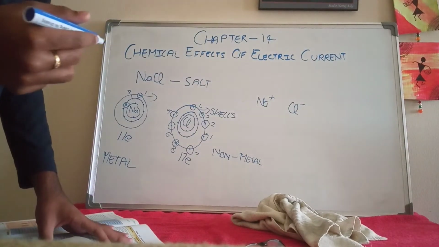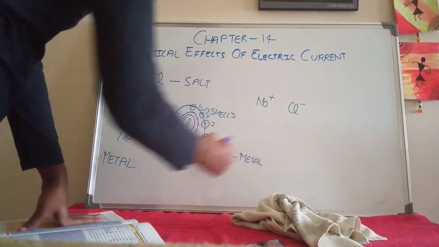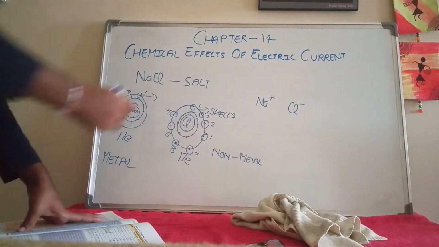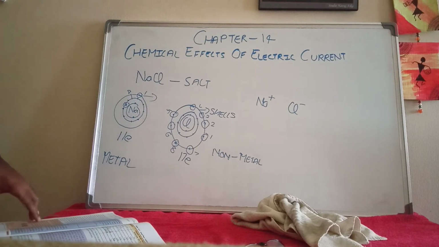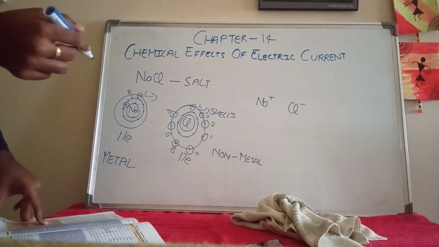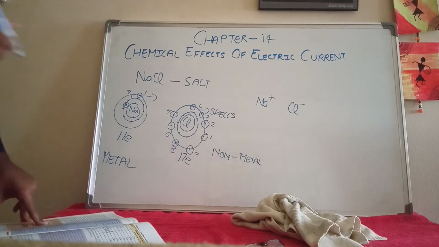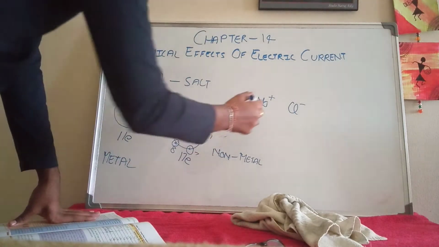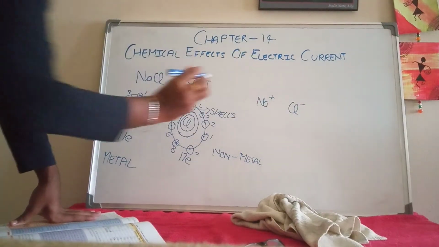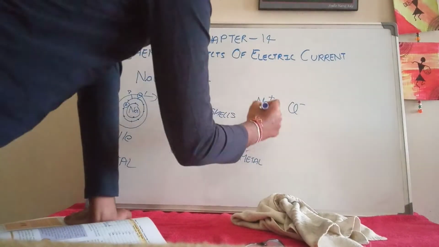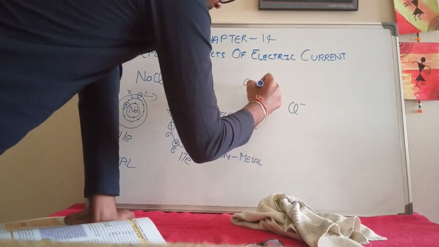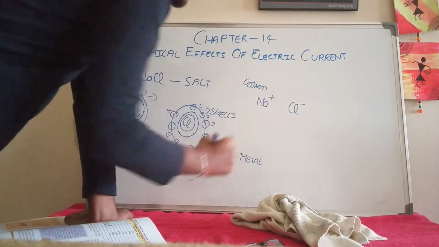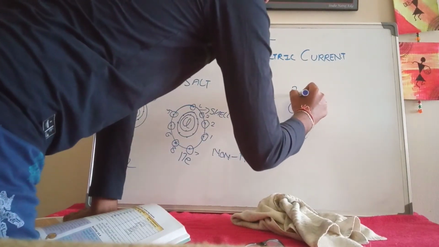Now these are ions, and that's why NaCl is salt. So whenever salt is present in water or any liquid, it is a conducting material. NaCl has a positive ion, called a cation, and a negative ion, called an anion.